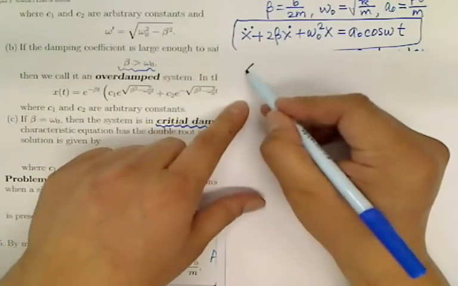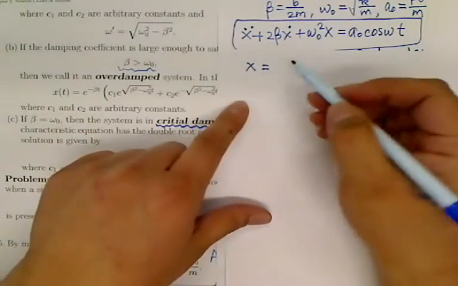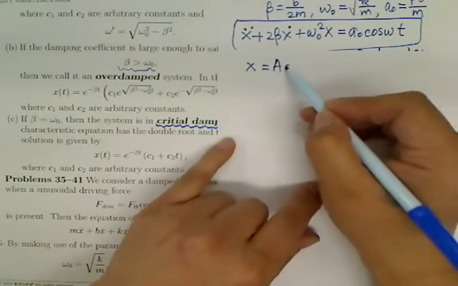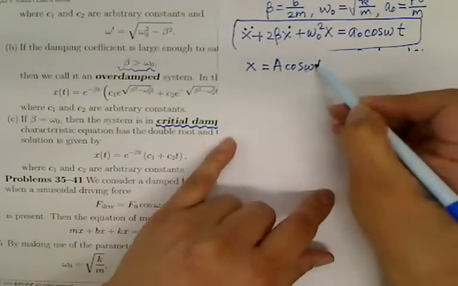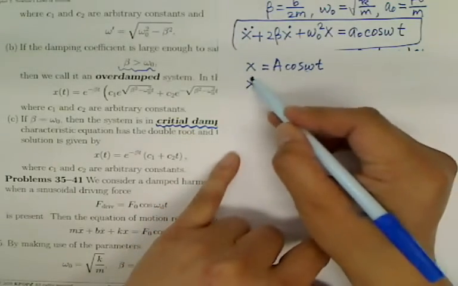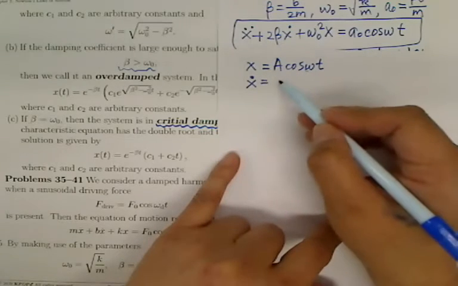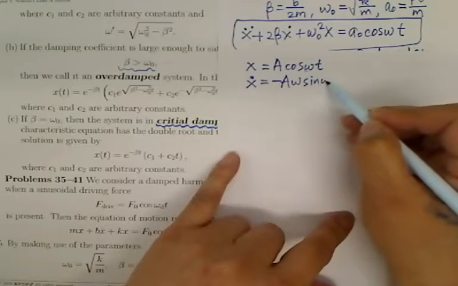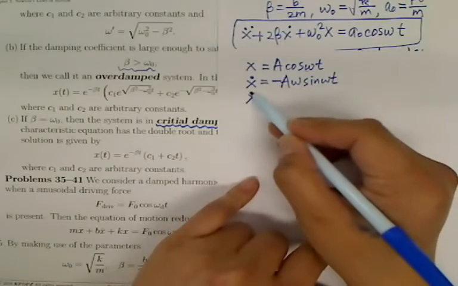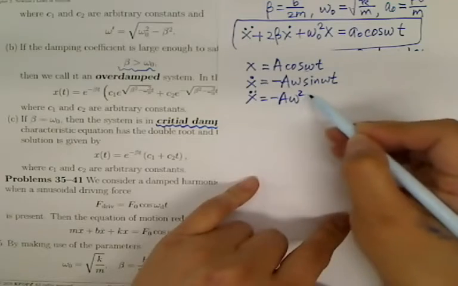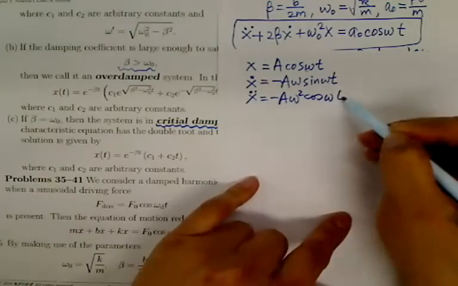Our trial solution is x equals A cosine omega t. Just substitute. We can compute the first order derivative, minus A omega sine omega t, and x double dot is minus A omega squared cosine omega t.